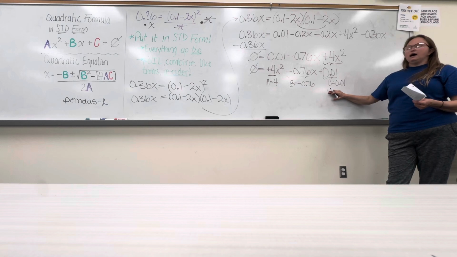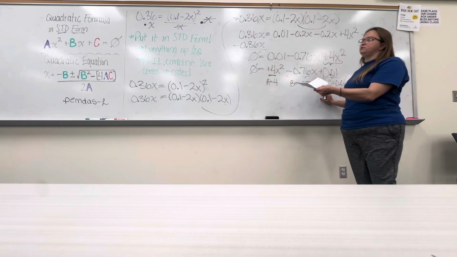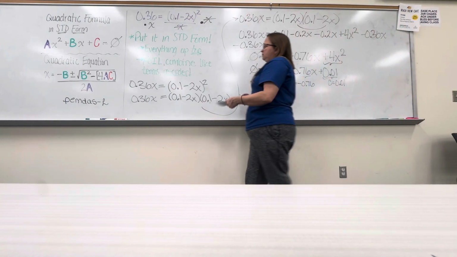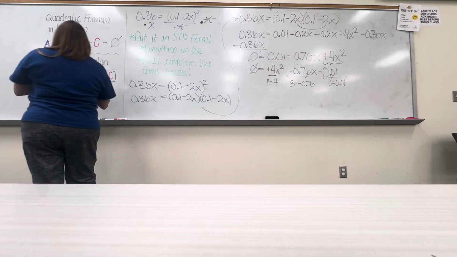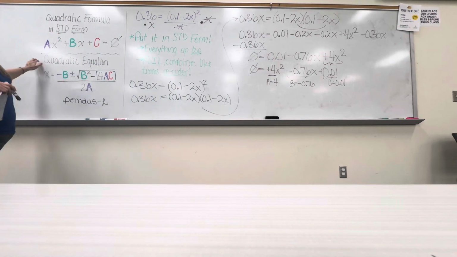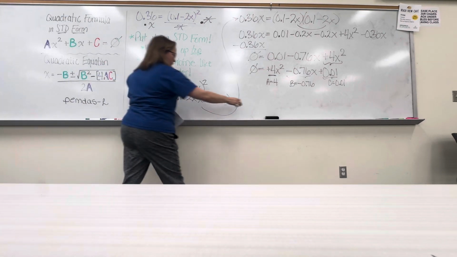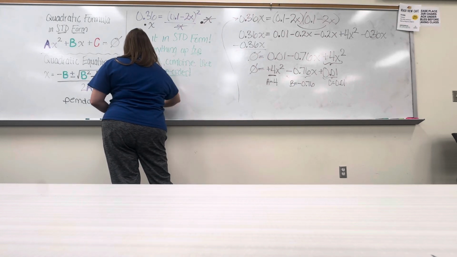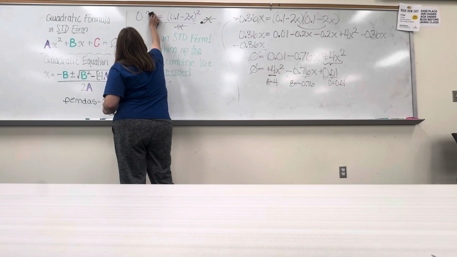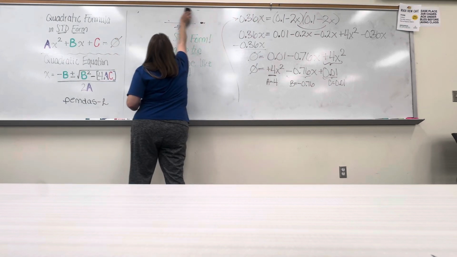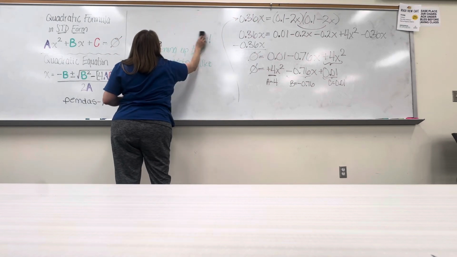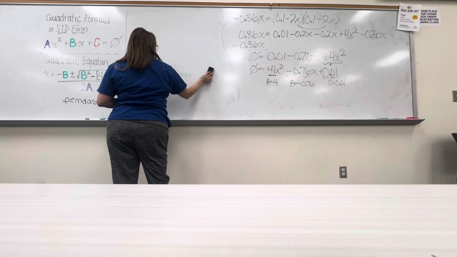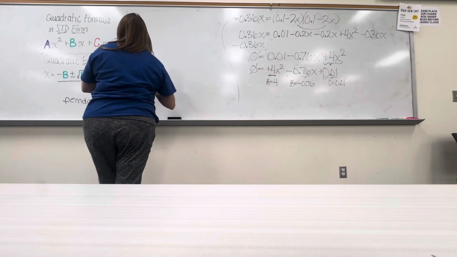What are we gonna do now? Well, we need to find our roots of the x, right? So we're going to plug these things into the quadratic equation. Let's take this. We're going to plug these things in.